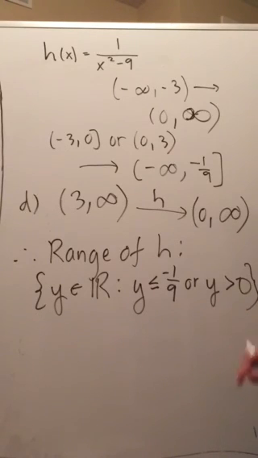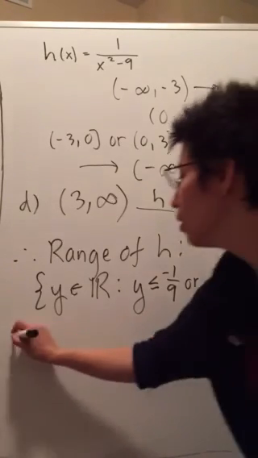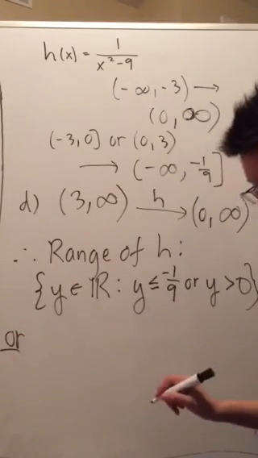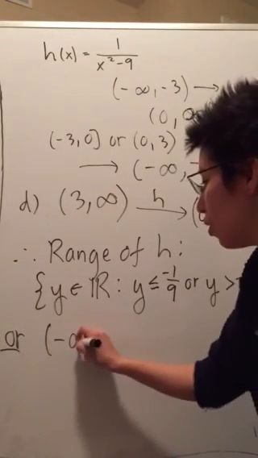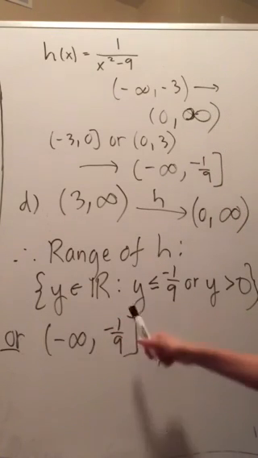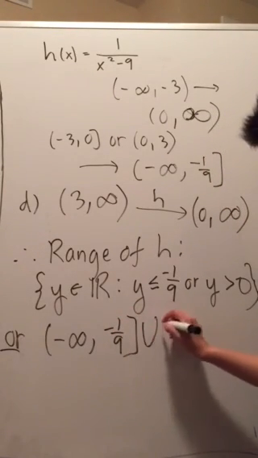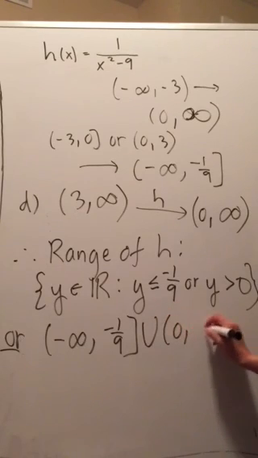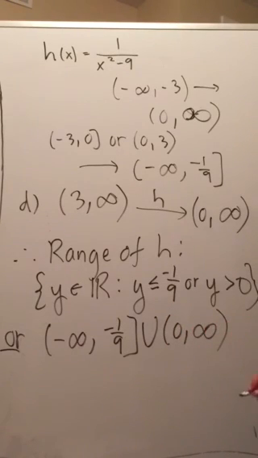I just chose to use set notation, but we could say the interval -infinity to -1/9, included, unioned with the interval 0 to infinity is going to give us our range. Almost everything, but a couple of things get left out.